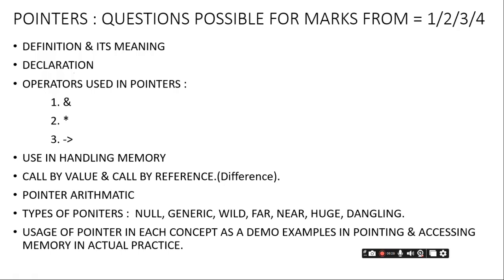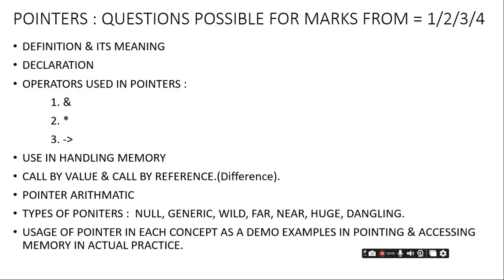The name of each type of pointer is given as per its working. For example, a null pointer is pointing to the null area or a variable having the value null. Null is not 0, but null is a technical value, that is null.